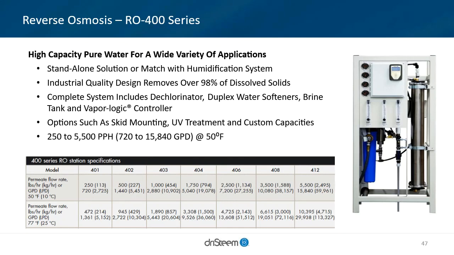Really what that's doing is preventing scale on the membrane. If you think of isothermal systems with untreated water, scaling and cleaning those systems is required from a maintenance perspective. The same thing applies for RO systems. Even though we're not heating the water, the chemical side can help prevent scaling on that end.